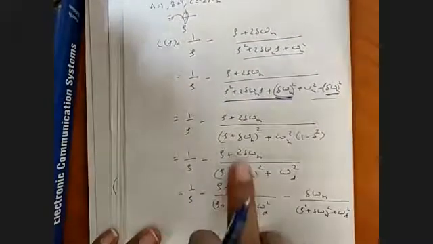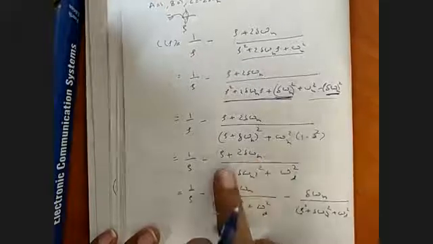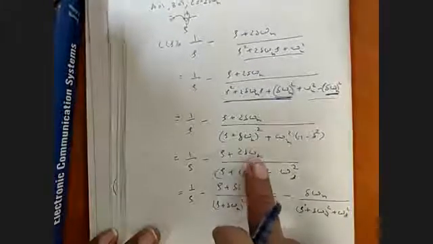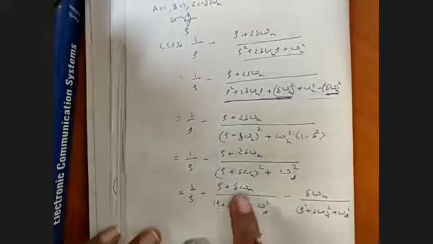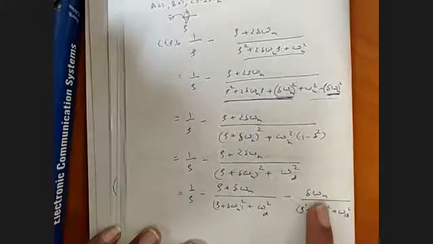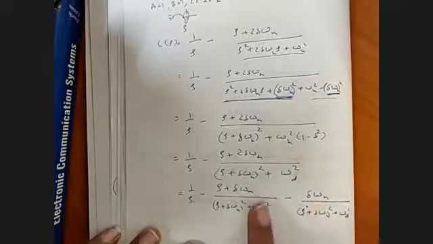This is 2 delta omega n, so I have divided it into (s plus delta omega n) plus delta omega n. So I considered s plus delta omega n as one term and delta omega n as another term.